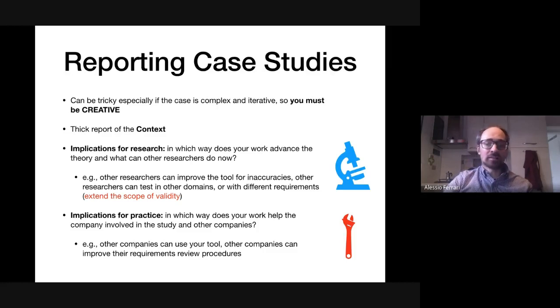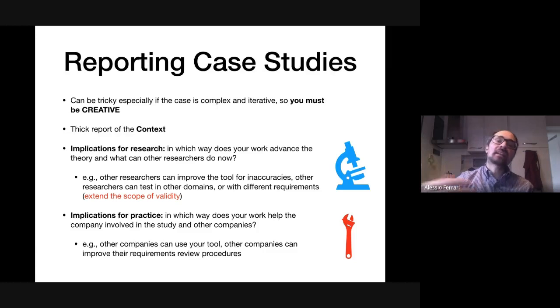Implications for practice. In which way does your work help the company involved in the study and other companies? So you have to outline how the work actually is seen by the company, and what impact can have in the short term and can have in the long term. And for other companies, of course, you are sharing those tools, your tools, so other companies improve their requirements review procedures, and if you share also the source code, maybe they can adapt the tool to their own cases.